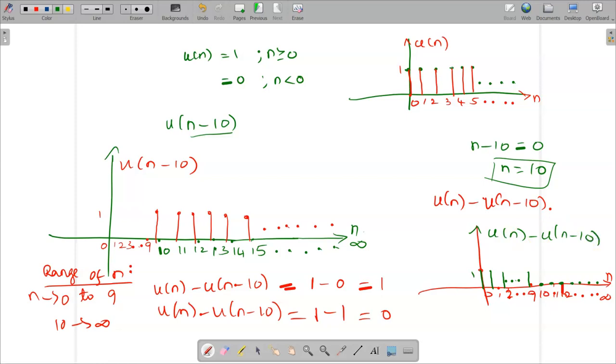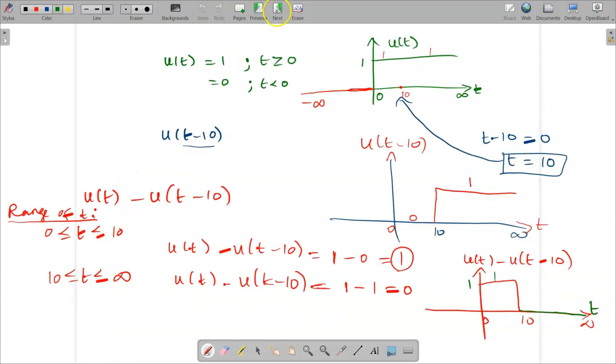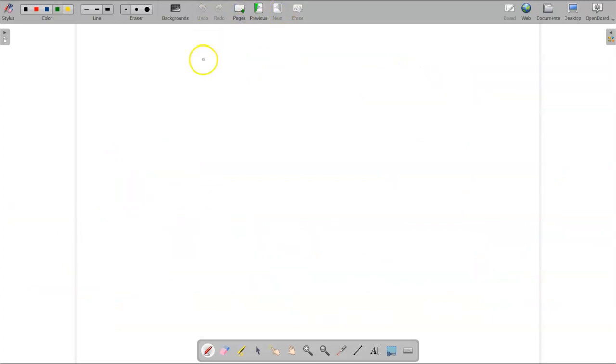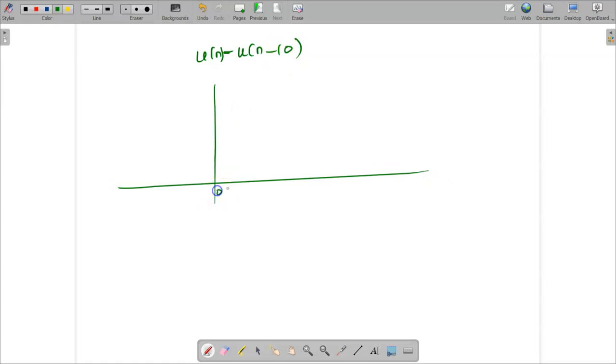So if you want to draw u of n minus u of n minus 10 clearly, you can take 0, 1, 2, 3, 4, 5, 6, 7, 8, 9 and then 10, 11, 12 and so on.